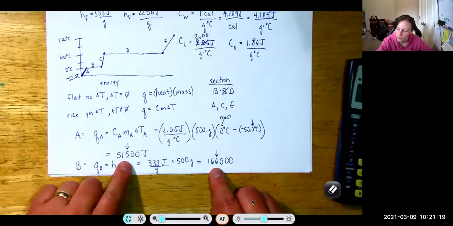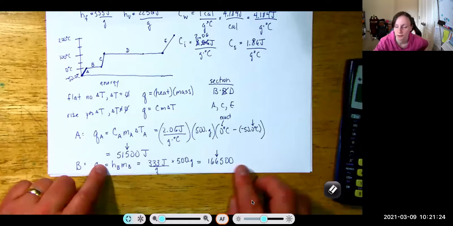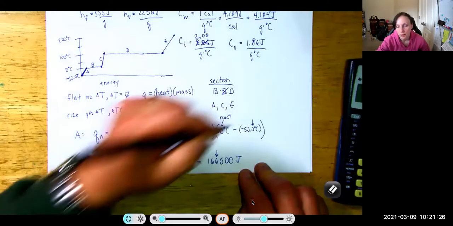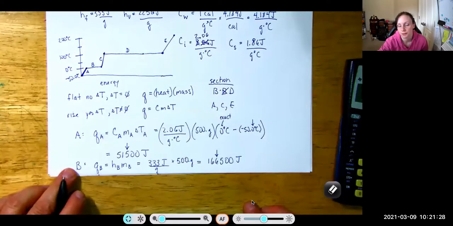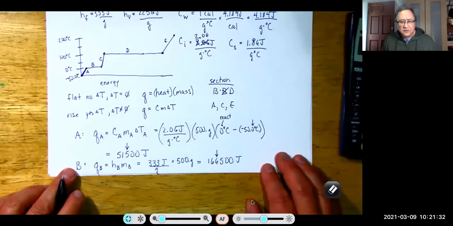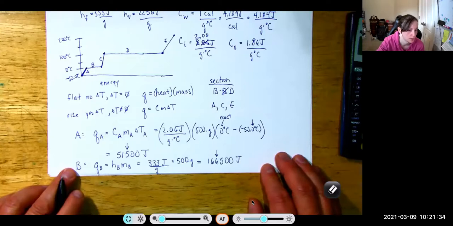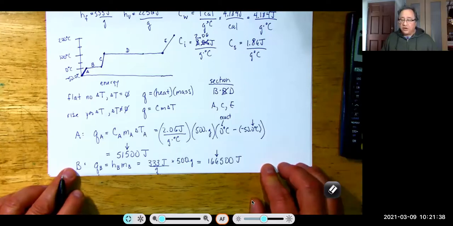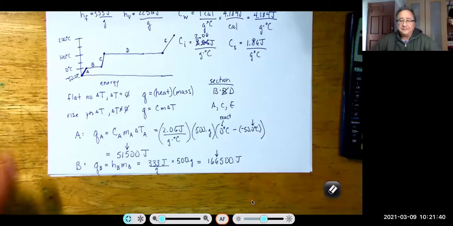For B, the significant figures, since that's a defined amount, is that not unlimited significant figures? Which one? The specific heat of ice or the heat of fusion? Oh no, those aren't defined, those are measured. Oh, okay.